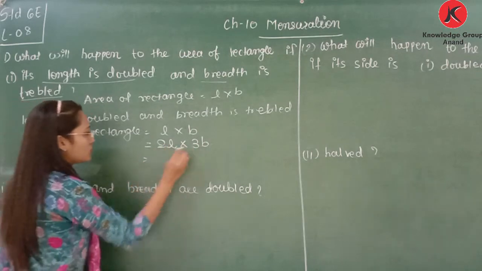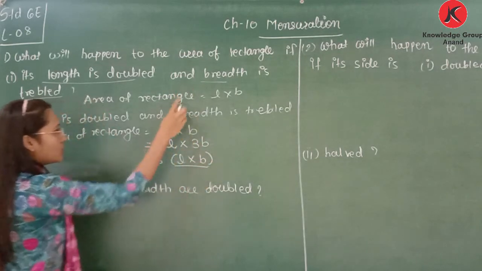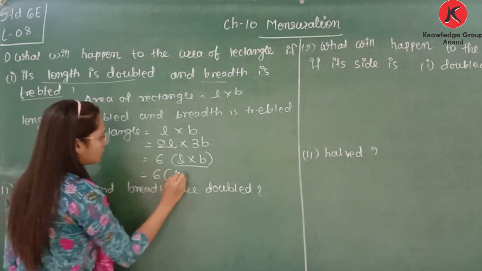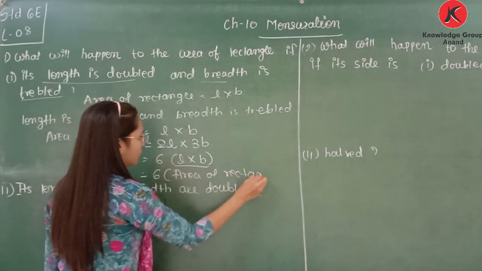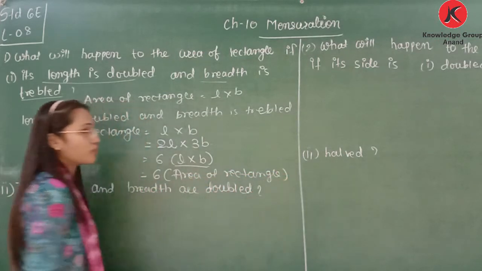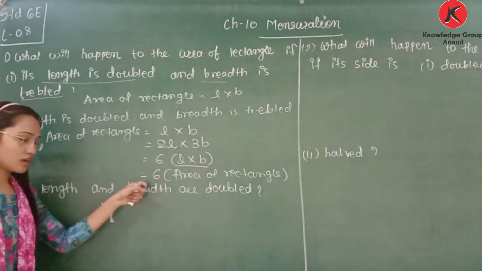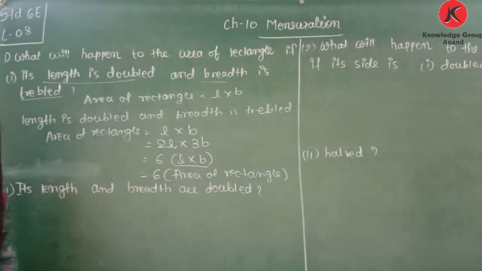So 2 times 3 is 6, L multiplied by B. L multiplied by B is the area of the rectangle. So it is 6 times the area of the rectangle. If we double the length and triple the breadth, the area will be 6 times the area of the rectangle.